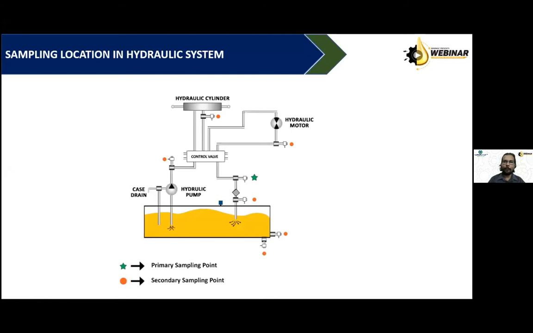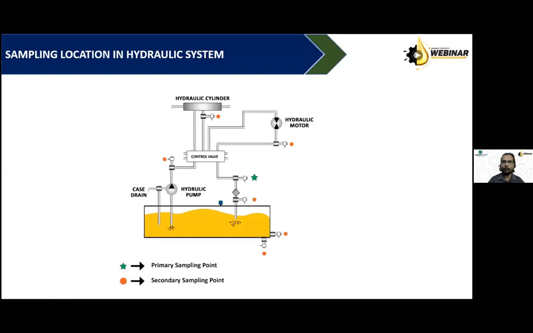Now, before testing the oil, a good sampling method is very vital. A wrong sample will give wrong indication, and it will disturb the entire maintenance plan or shutdown plan.